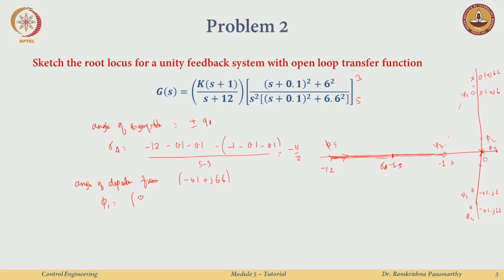So, I will just say angle by all the zeros minus all of phi 2 plus phi 3 plus phi 4 plus phi 5, because there is no angle contribution from phi 1 to itself. Okay. And then to get the angle of departure, I just add an angle of minus 180 degrees here.